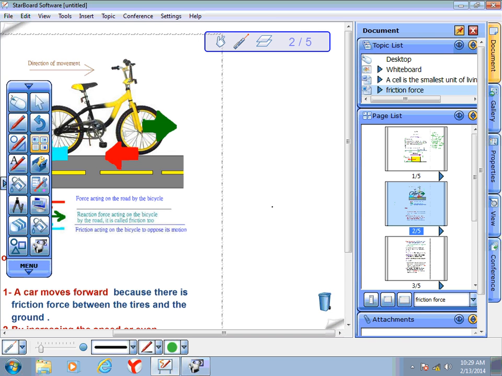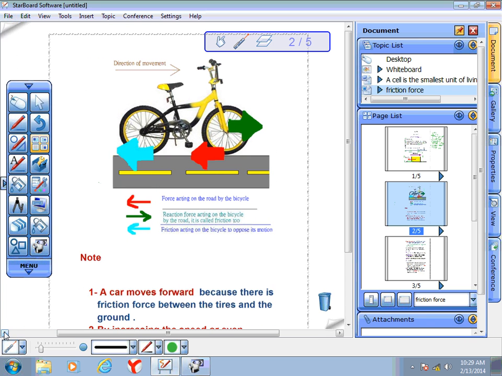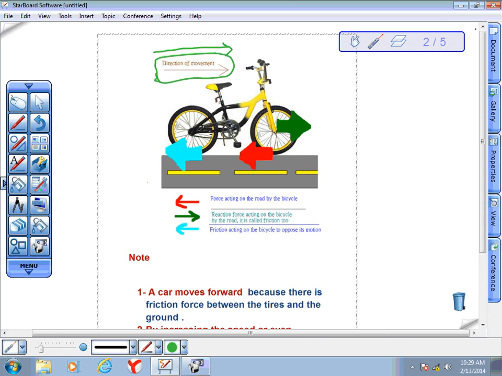This is a picture of a bicycle moving on a smooth surface like cement. We found that the bicycle moves forward. This is the direction of movement, forward, and we found that there is a friction force between the bicycle and the cement in the opposite direction.